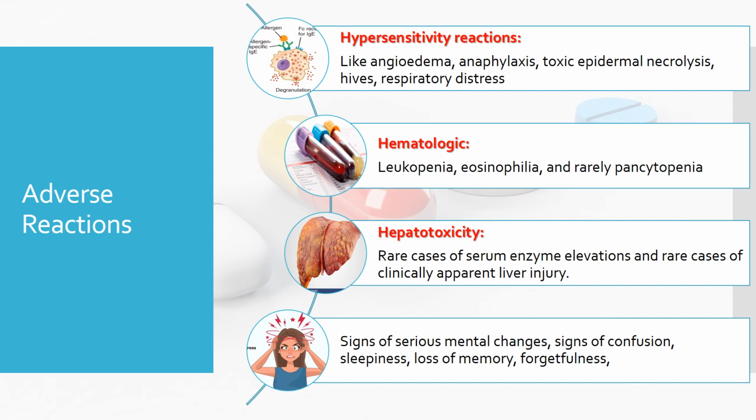For hepatotoxicity, there are some rare cases where the serum enzyme elevations can rise and then have a clinically apparent liver injury. You also want to warn for any signs of mental changes. This can lead from signs of confusion, sleepiness, loss of memory, and forgetfulness.